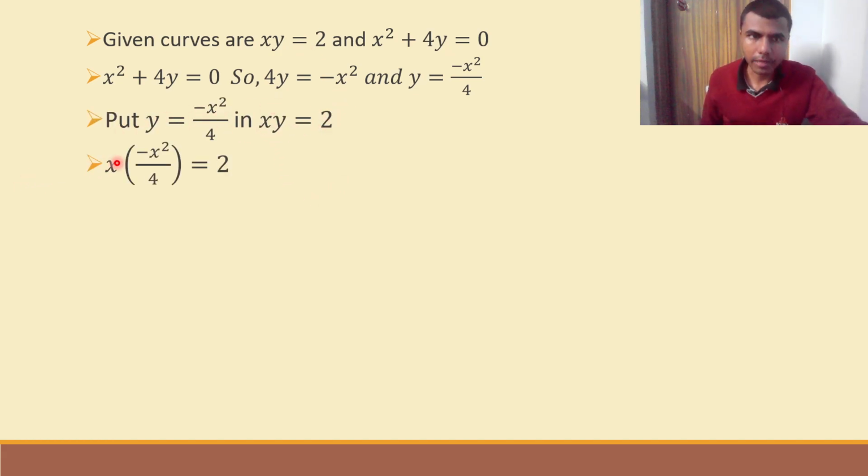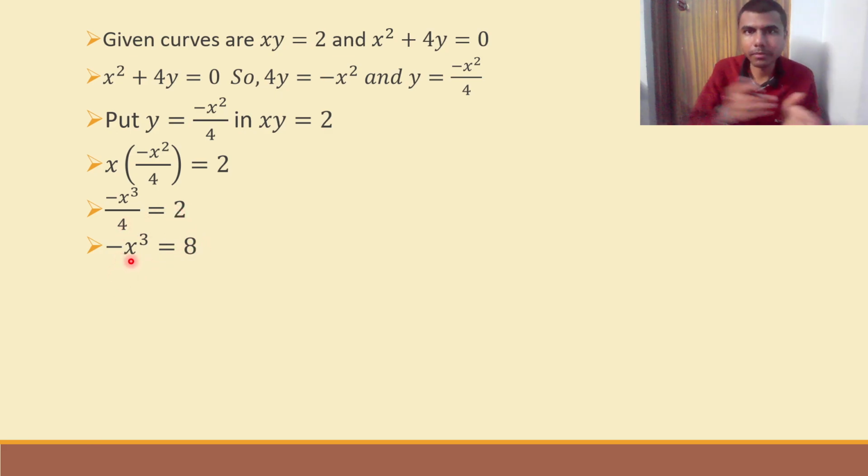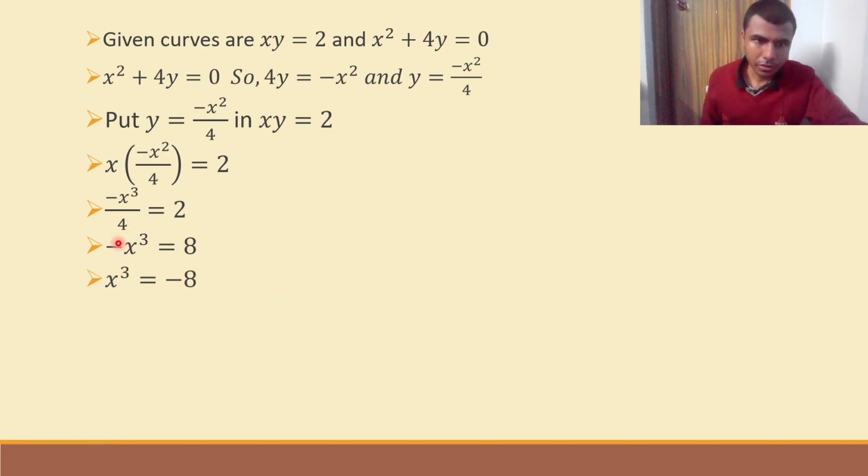So x into minus x square by 4 is equal to 2. Now some basic simplification. x into minus x square is minus x cube, by 4. Send the 4 to the RHS. So minus x cube is nothing but 8, because 4 twos are 8. Now send this minus to the RHS, so x cube equal to minus 8.